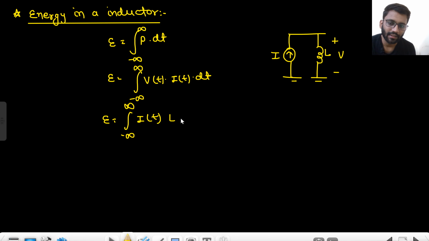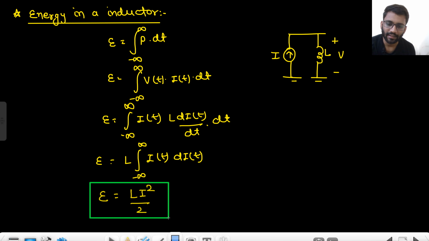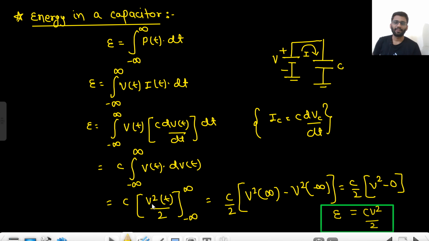What is v(t)? It is L di(t) by dt, into dt. Dt and dt will get cancelled. L will come outside: the integral from minus infinity to infinity of i(t) di(t). What will we get finally? It will be Li square by 2. Basically, for an inductor, the energy stored is Li square by 2, and the energy stored in a capacitor is Cv square by 2.